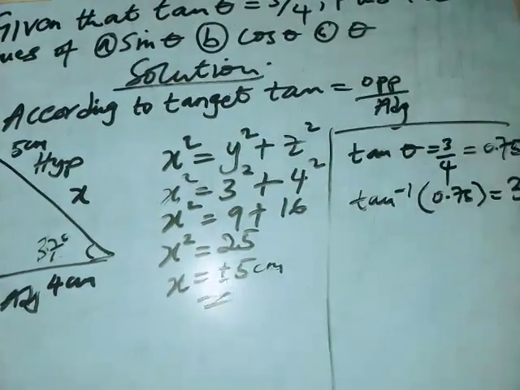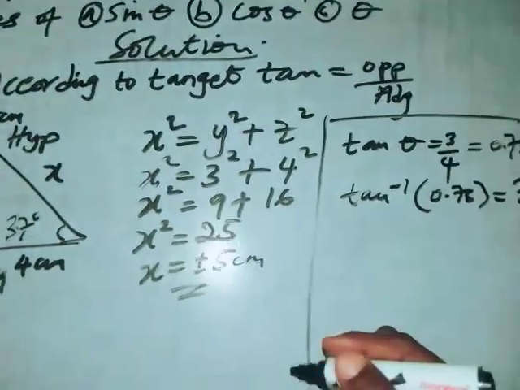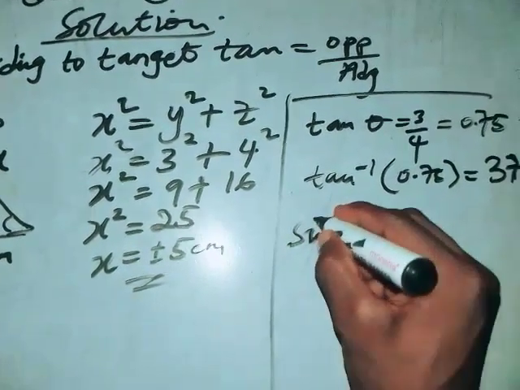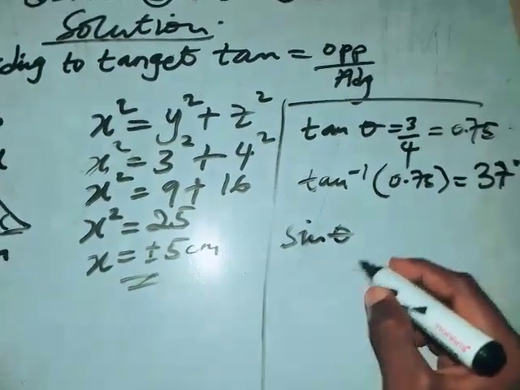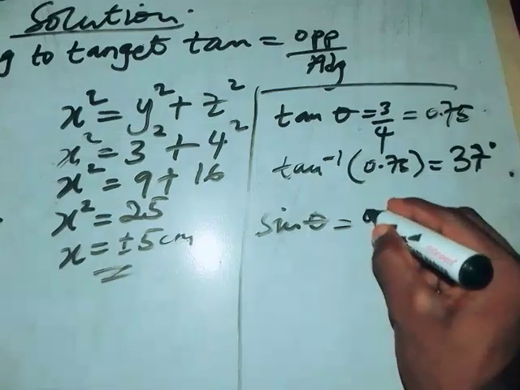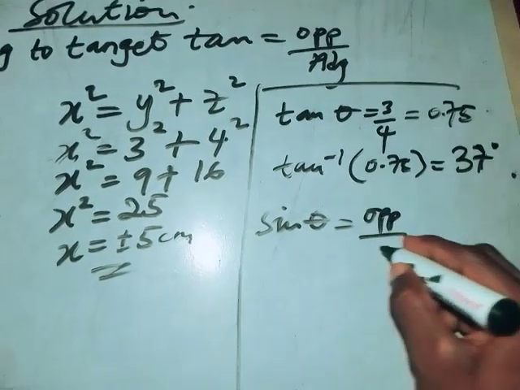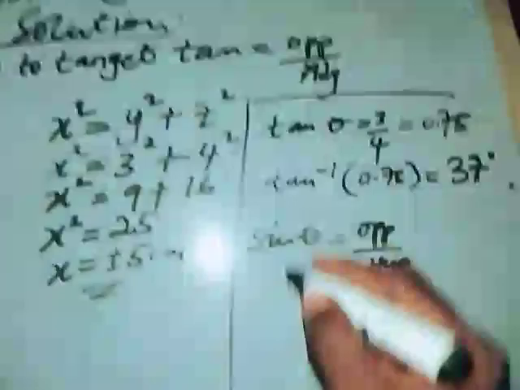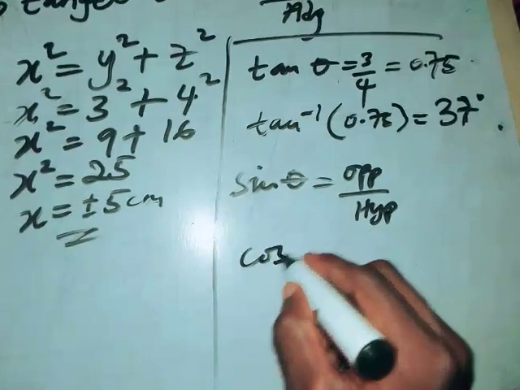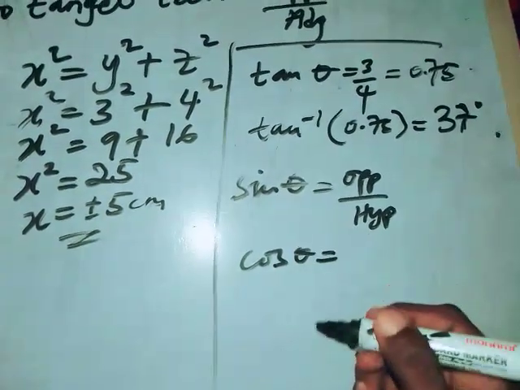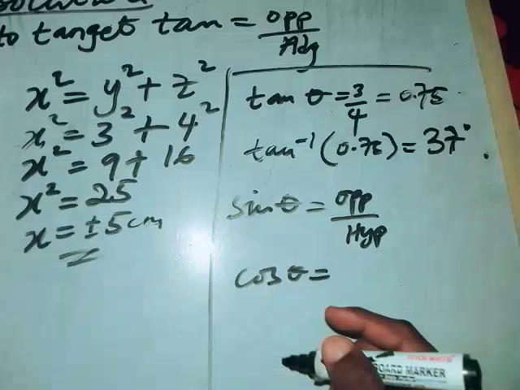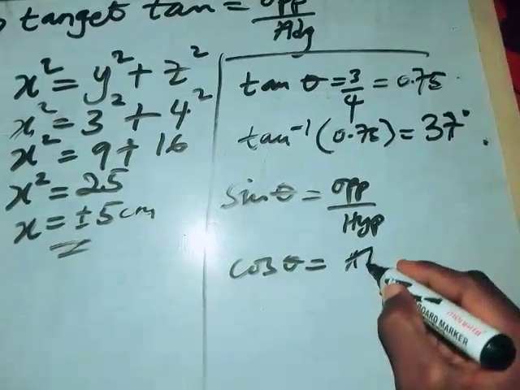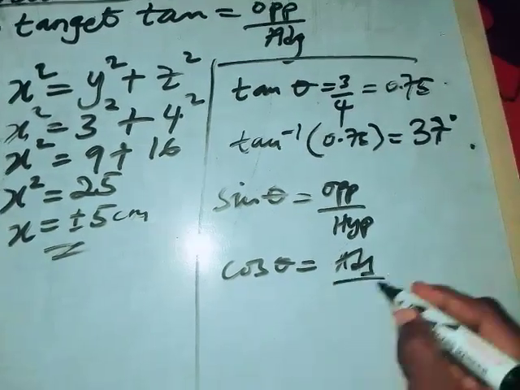So to find sin theta, according to SOHCAHTOA, sin theta is equal to opposite over hypotenuse. Cos theta is equal to adjacent over hypotenuse.